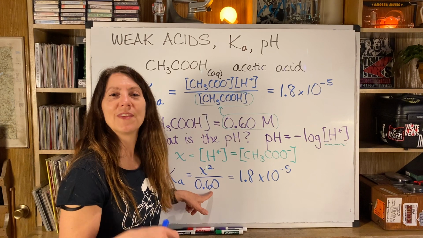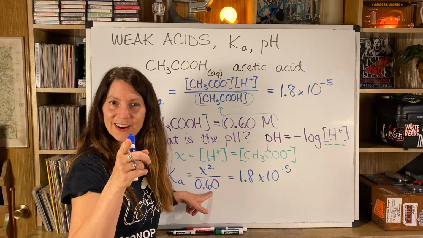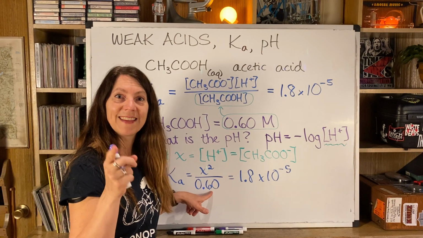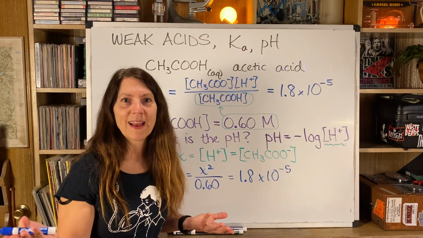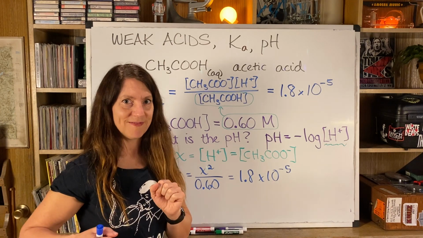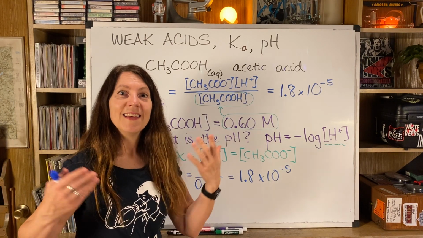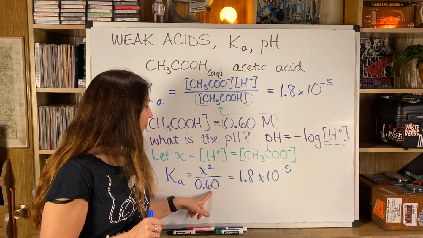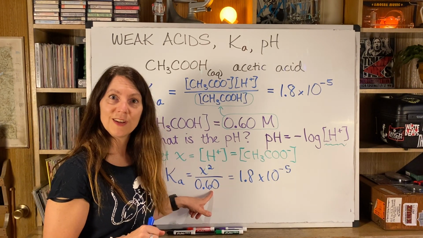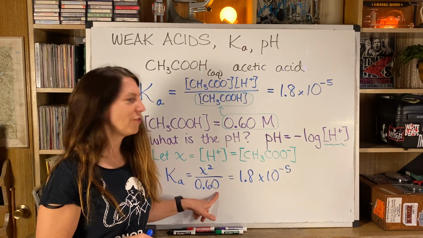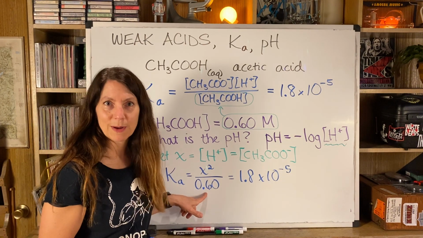And I would say you are very clever, okay? But guess what? We get to take a little sneaky approximation, because these are weak acids. They're not breaking apart very much. And so we get to make an assumption that the amount it breaks apart is so small compared to the concentration that we're dealing with.